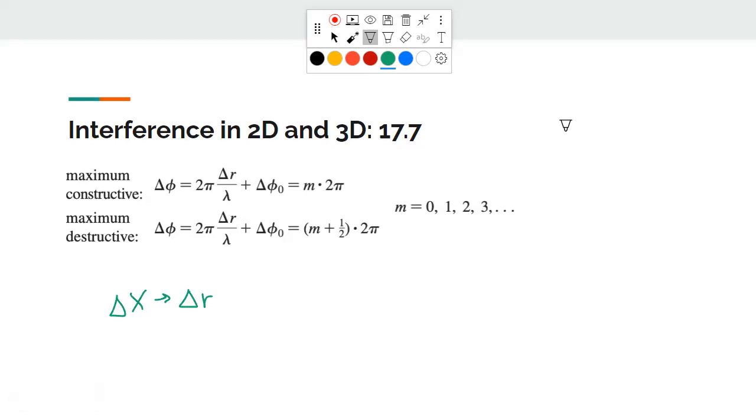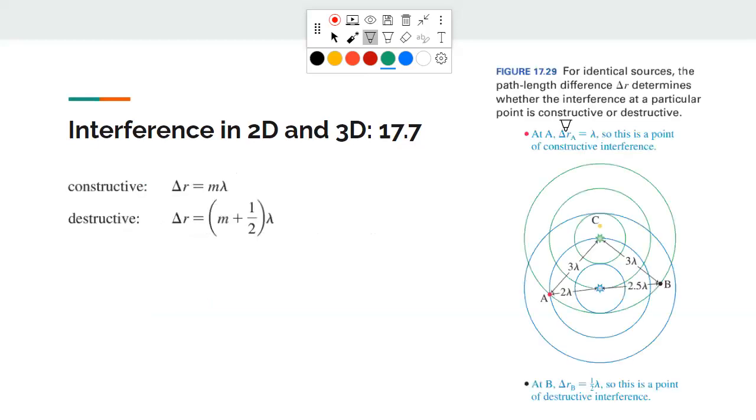So even if the speakers, for example, aren't on the same line as the point where we're trying to think about the interference, we can just look at how far it is from speaker 1 to the point we're interested in, how far it is from speaker 2 to the point we're interested in, and the difference in those two lengths. So subtracting R1 from R2, we get delta R. It's very, very similar to how we get delta X.